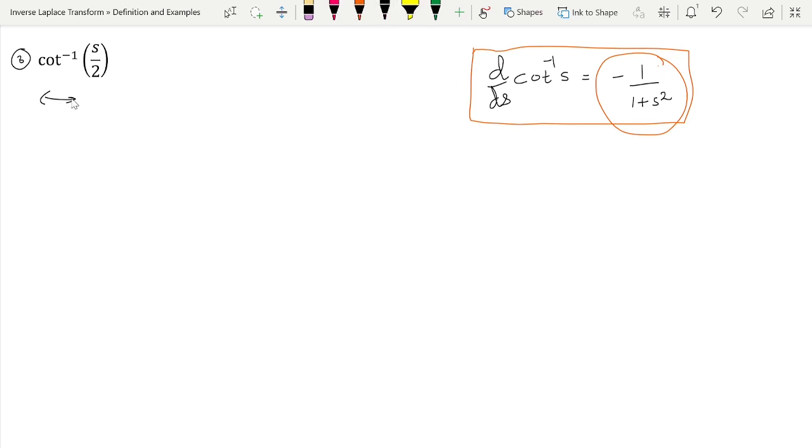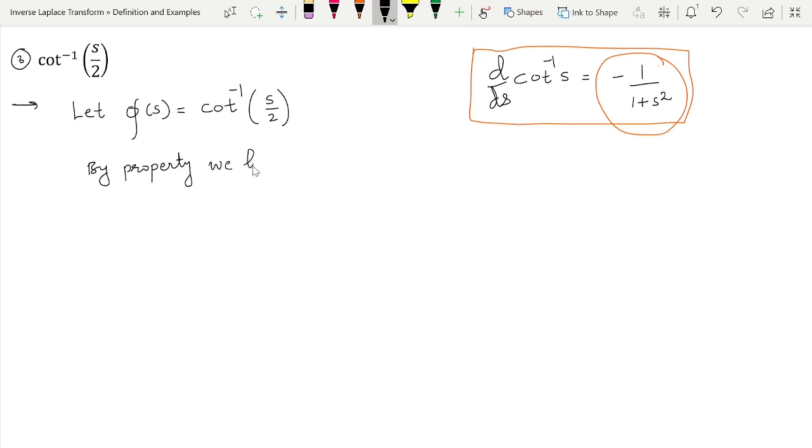So let us begin then. First of all I will call the given function phi of s. So I'll say let phi of s be equal to cot inverse of s upon 2. So by property we have, therefore, L inverse of, let me take this minus out, and what is the derivative of cot inverse of s upon 2?